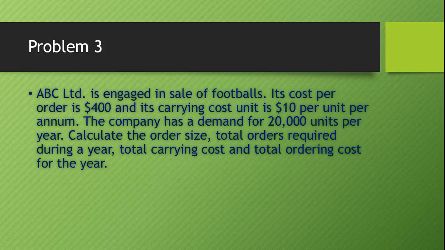Again, the example is of a company named ABC Limited. They are engaged in the sale of footballs, and the cost per order is $400, the carrying cost is $10 per unit per annum, and the company has a demand of 20,000 units per year. We have to calculate the order size, total orders required during a year, total carrying cost and total ordering cost.